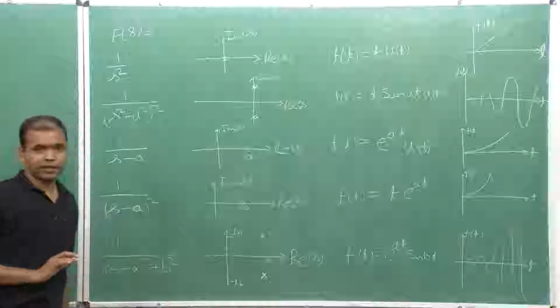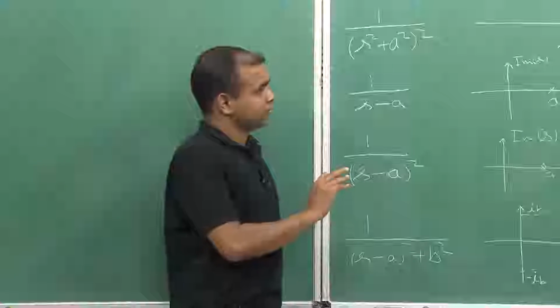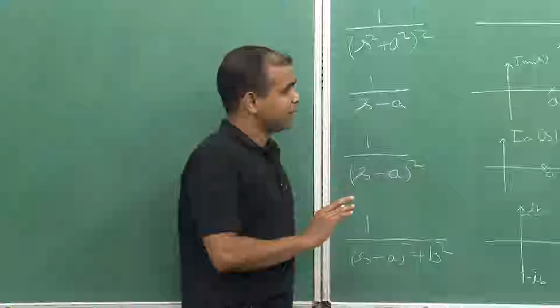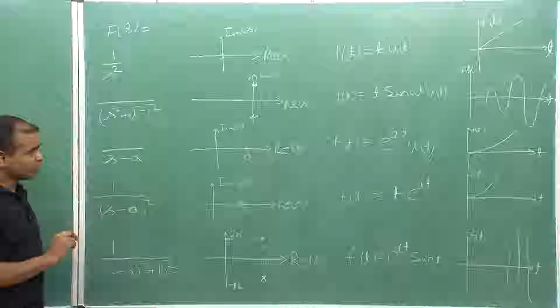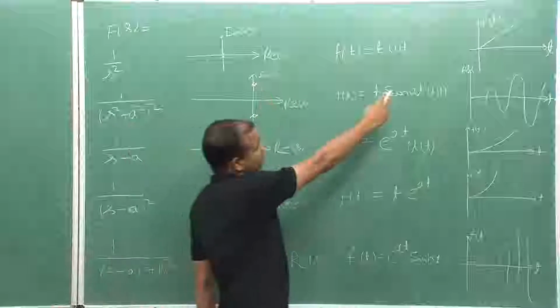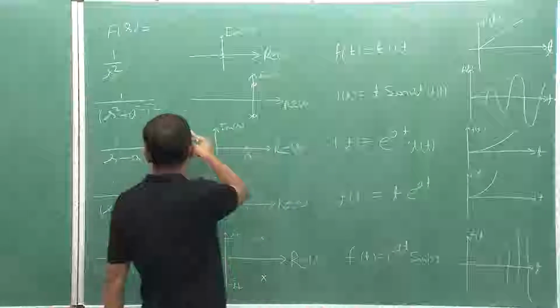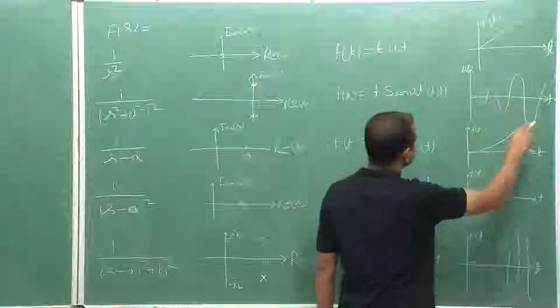So, one message is clear: if the pole is in the right half, the system will be unstable, and if there is a double pole on the imaginary axis, in that case also the system is unstable. In this example, and for this transfer function also, the response is t sin a t, and the system is unstable.